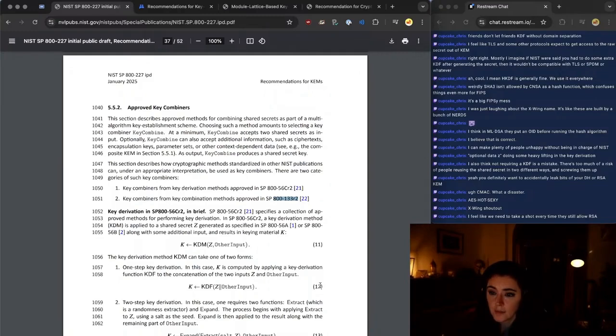And the key combiner accepts two shared secrets as input. Optionally it can accept additional information such as ciphertext, encapsulation keys, parameter sets, or other context-dependent data. Yep. And then it outputs the shared secret key.